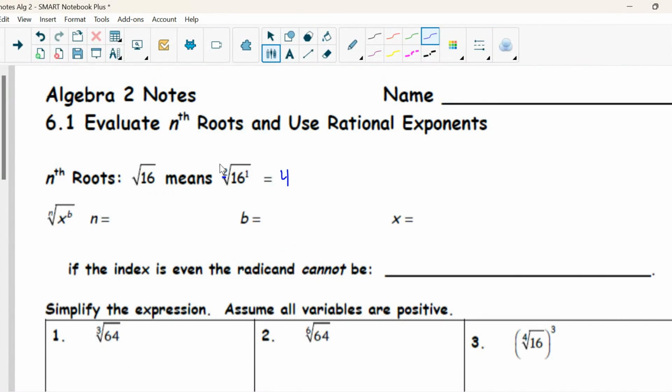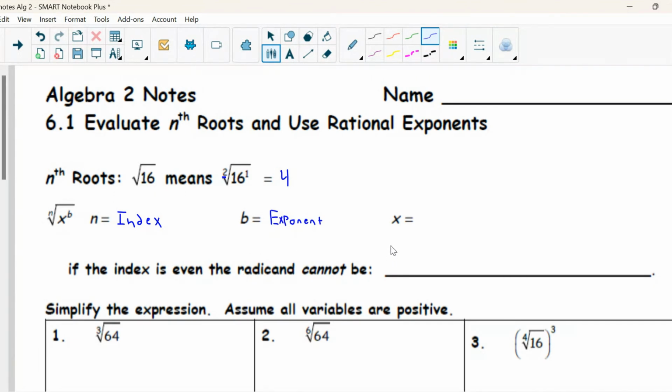So evaluating nth roots, we are going to see that this number out in front of our radicals is not necessarily going to be 2 or 3 like we are used to. So that number that is out in front of our radical, n here, is called the index. B is obviously just the exponent of x.